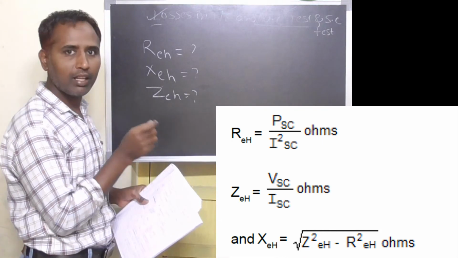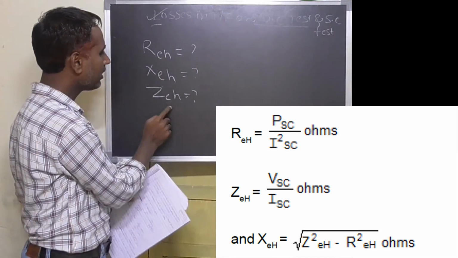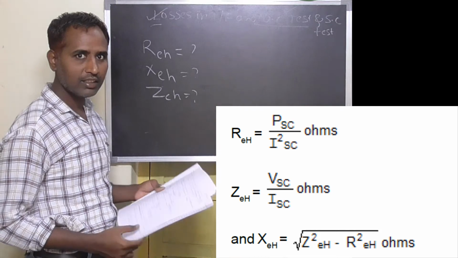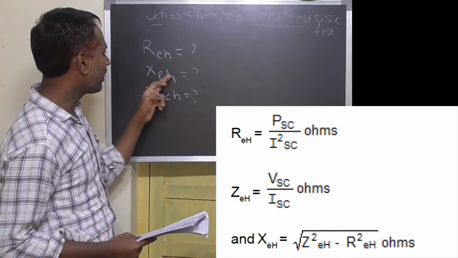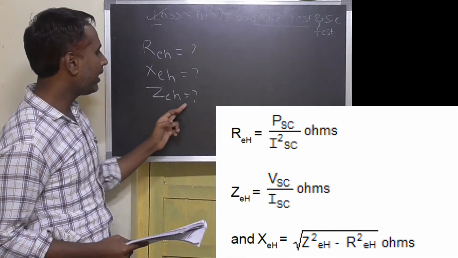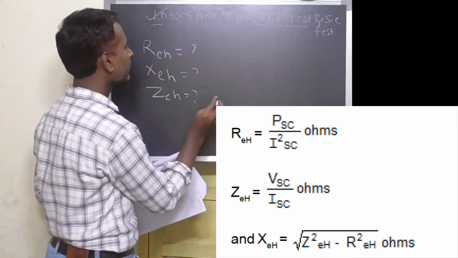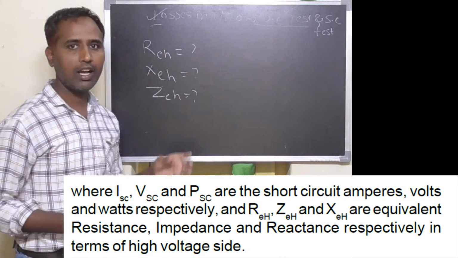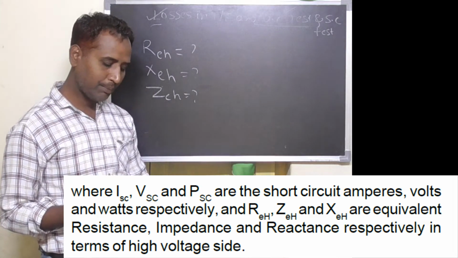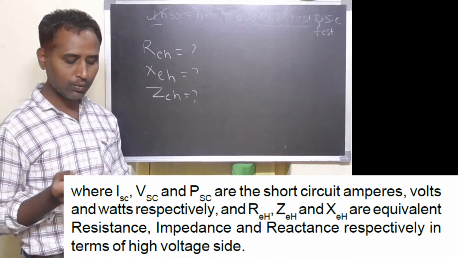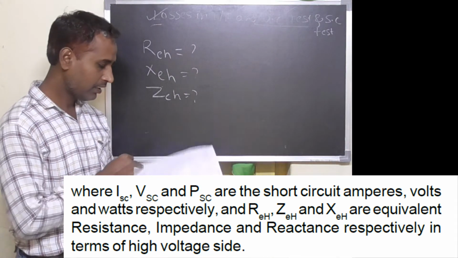With the help of these formulas, we can find the equivalent resistance, reactance, and impedance. R_eH is measured in ohm, reactance is also measured in ohm, and impedance is also measured in ohm. Here I_SC, V_SC, P_SC are the ammeter, voltmeter and wattmeter readings.